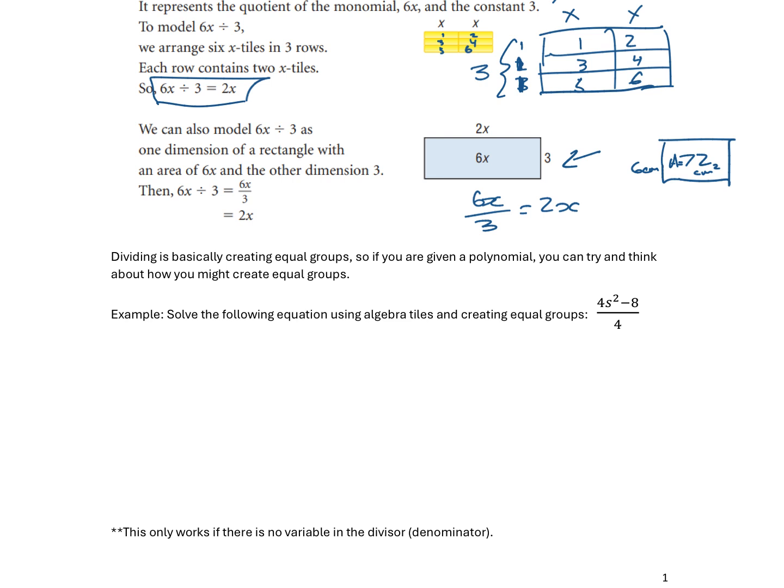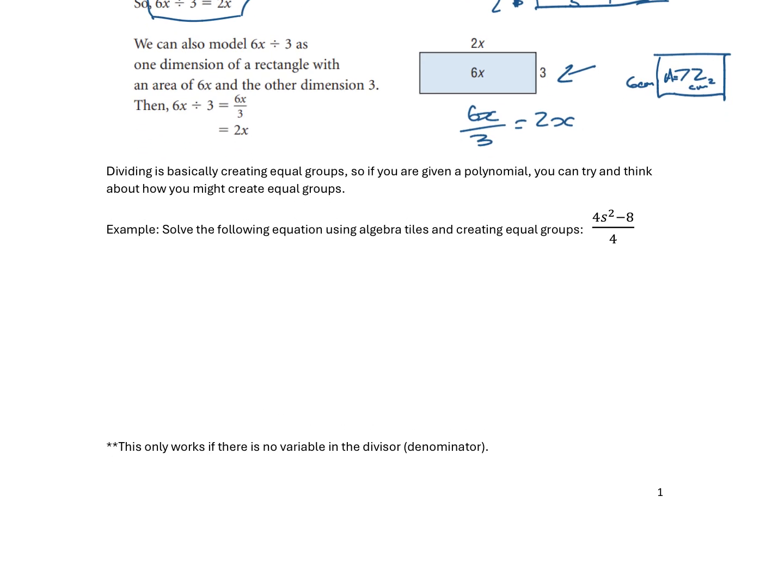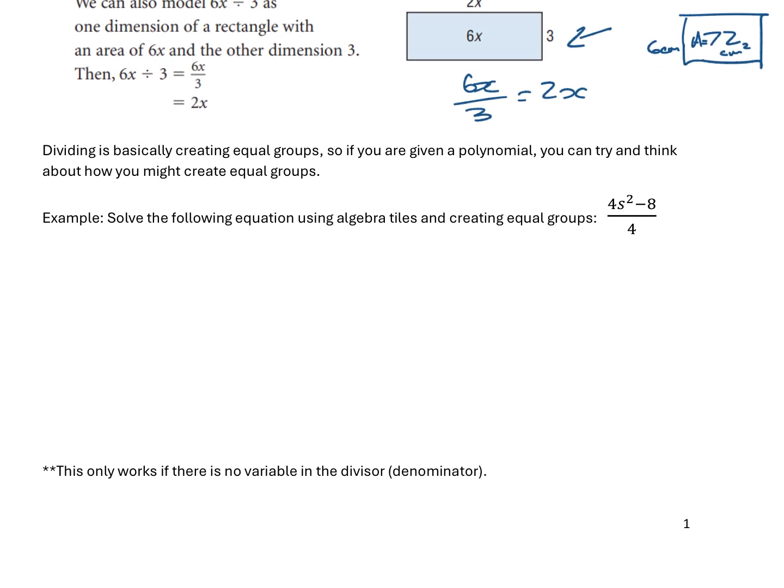If we're going to draw this, we need to make that into equal groups. How do we do that? I'm going to draw 1 s squared, 2, 3, 4, right? I have 1, 2, 3, 4.